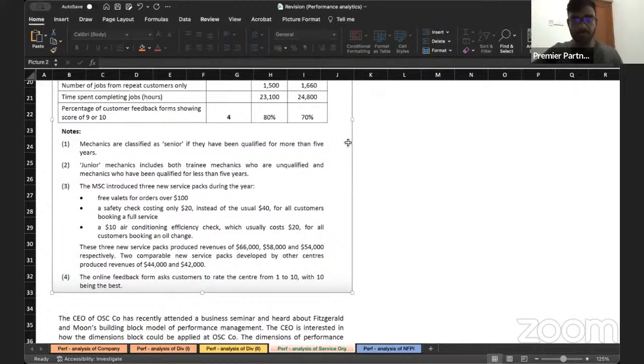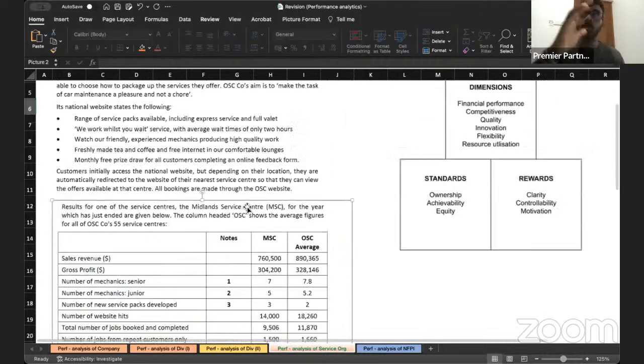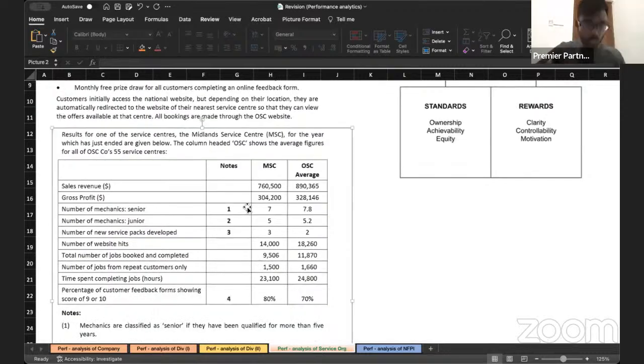Remember, people, here you have only limited information. So the ratios that you come up with have to be somewhat practical. As long as they're practical, you get marks. Because you have limited information, your answer won't be exactly equal to the examiner's answer. Please understand the examiner's answer in some cases will not be the same as yours, but you still get marks.